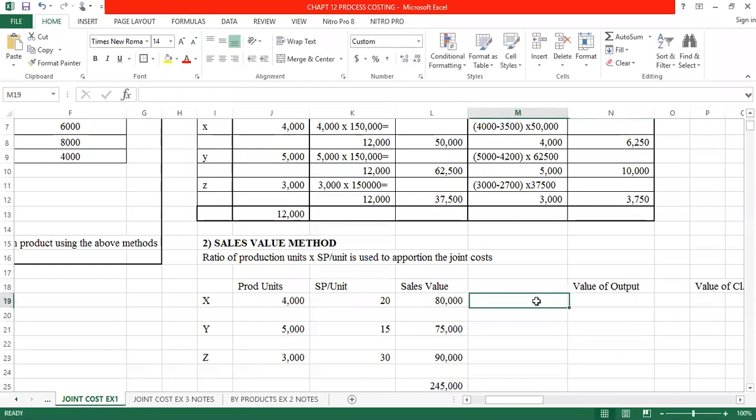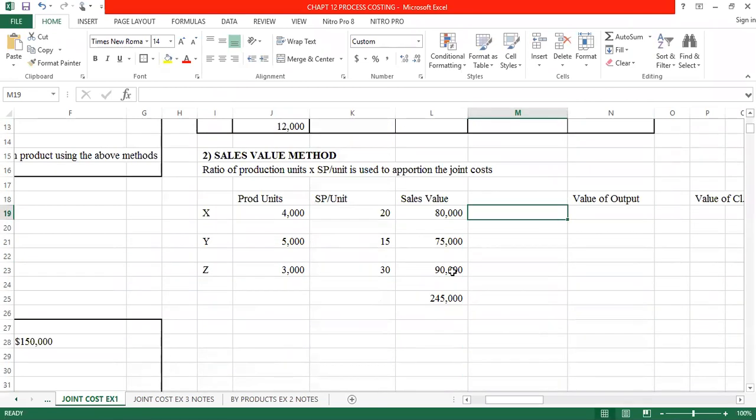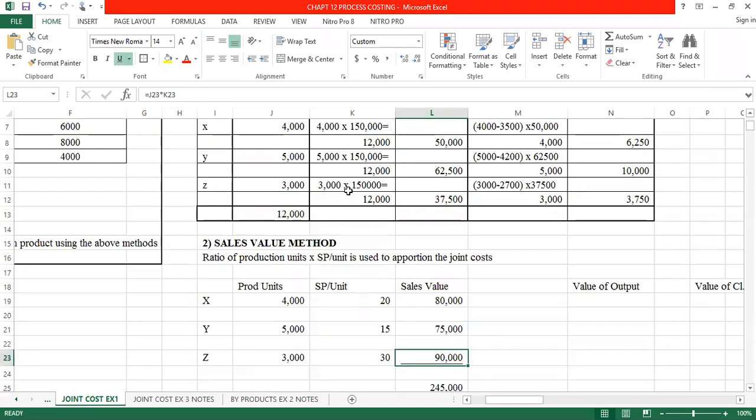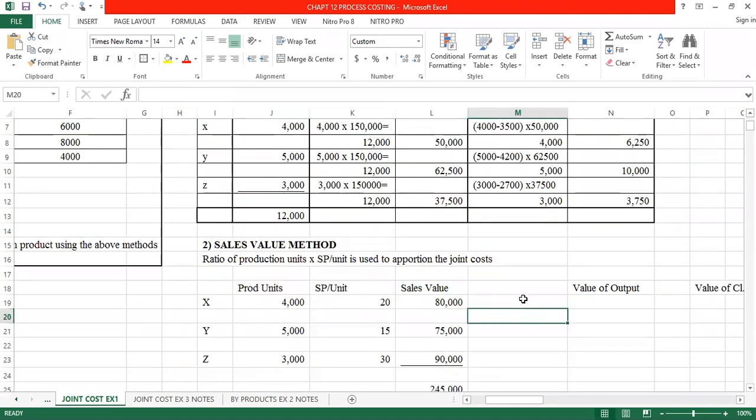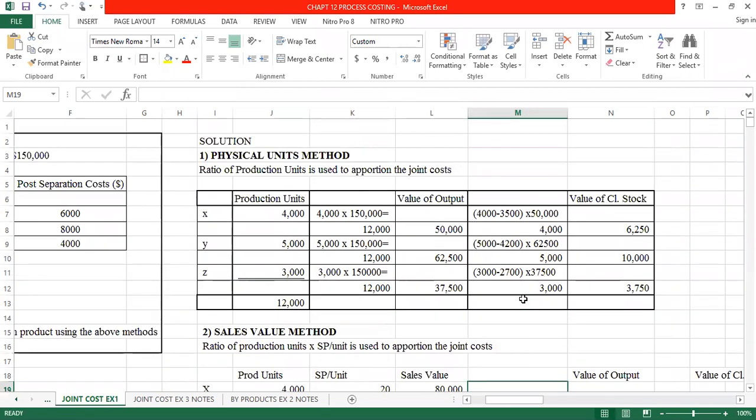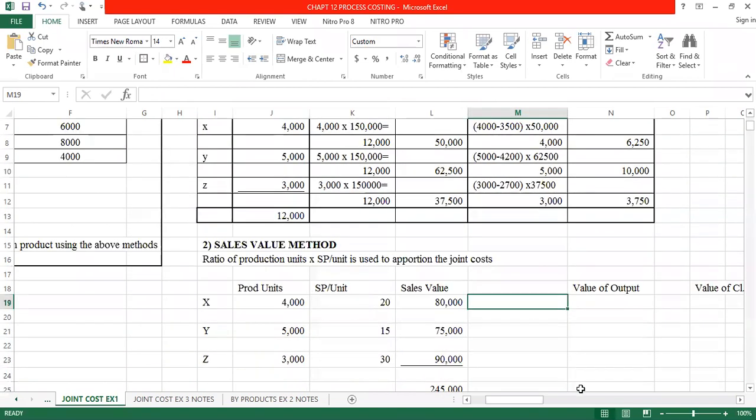So our value of output, you now know the trend. What is the trend? You can even use abbreviations now here. You will take 80 times 150,000. I'm removing zeros, take note of that. Divide by 245.